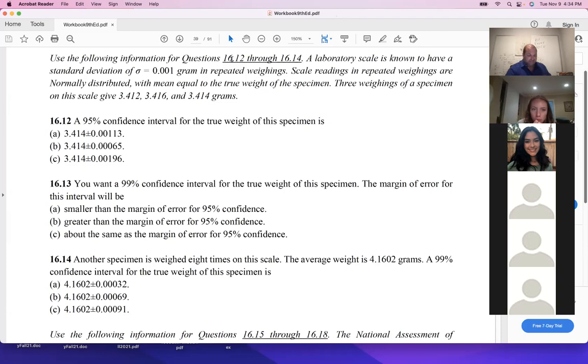I have an A. Can you tell me why it's A? What do you do? Not saying you're wrong, just asking what you did. Luis? Z interval, then subtracted. Okay, so on my calculator, you say Z interval.